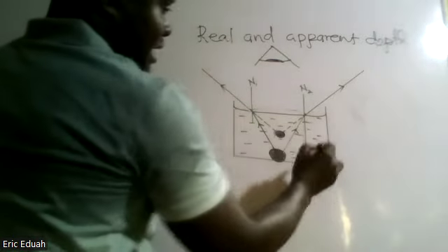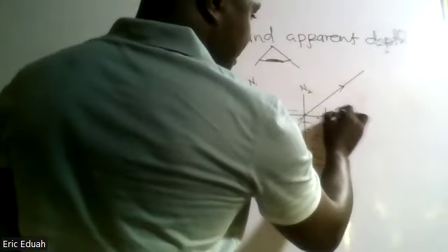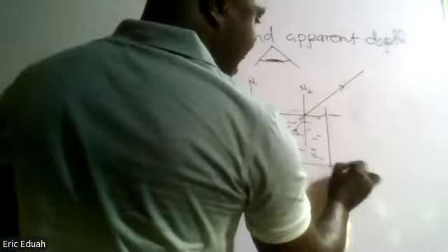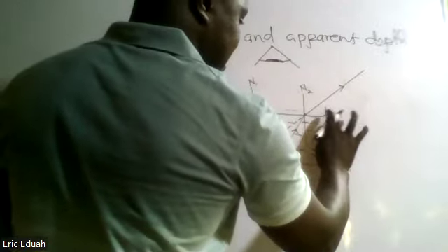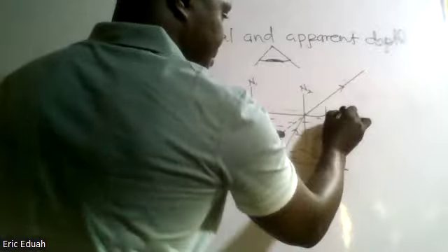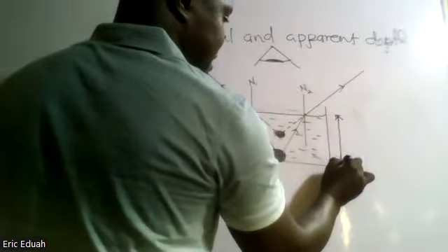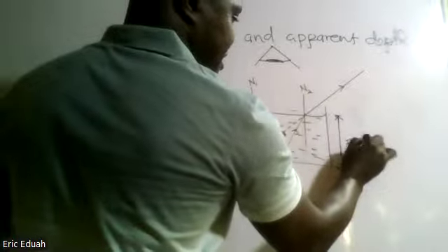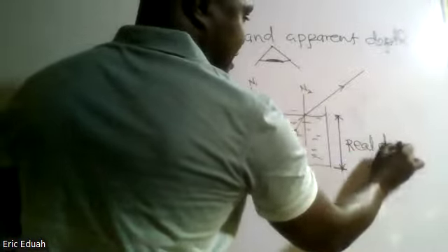The distance from the top to where the object is, is the real depth. This height is the real depth.